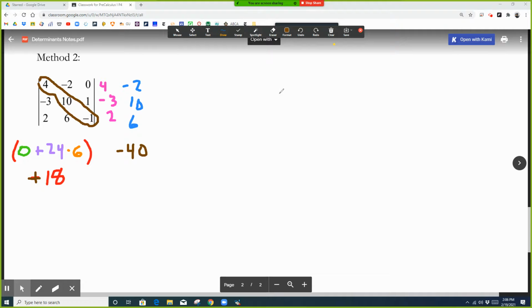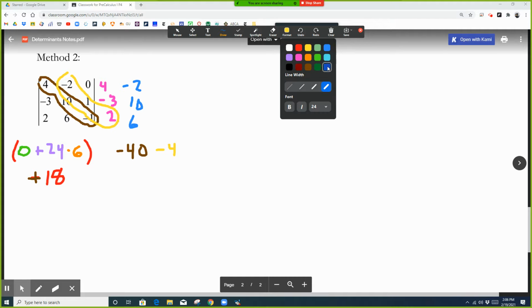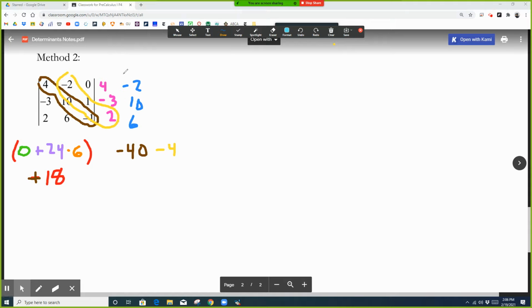Okay. And then negative 2 times 1 times 2 would be negative 4. And then 0 times negative 3 times 6 would be 0.